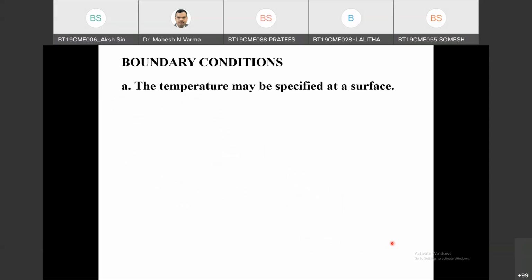Yes, sir. Yeah, this boundary condition is similar to some boundary condition in momentum transfer. Temperature may be specified at the surface. Now you are correlating momentum transfer with heat transfer. Temperature may be specified at the surface.